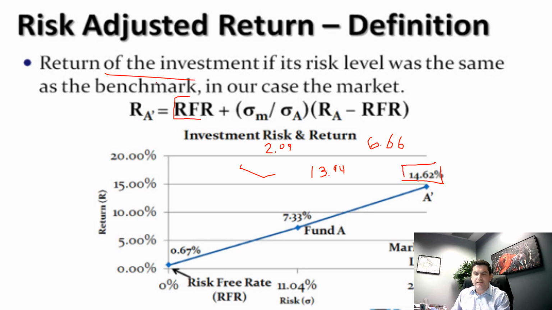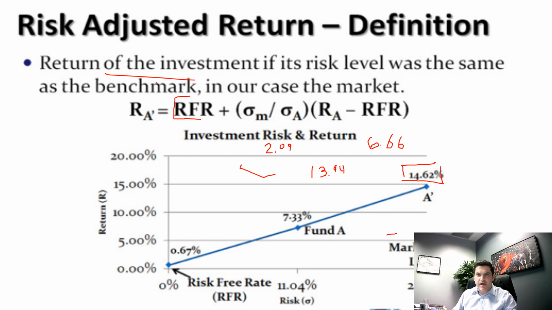So what that tells us is that if our fund that we're considering or trying to compare is yielding 7.33%, we have an 11.04% standard deviation. If that fund had a standard deviation of 23.11, our risk-adjusted return is 14.62.